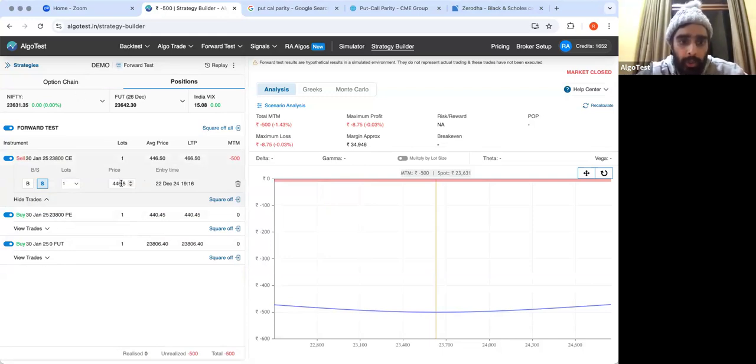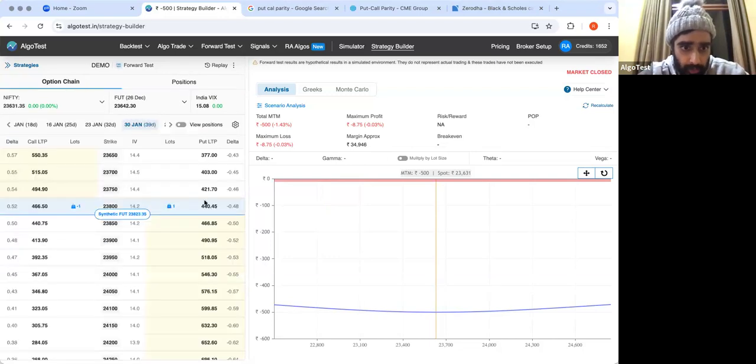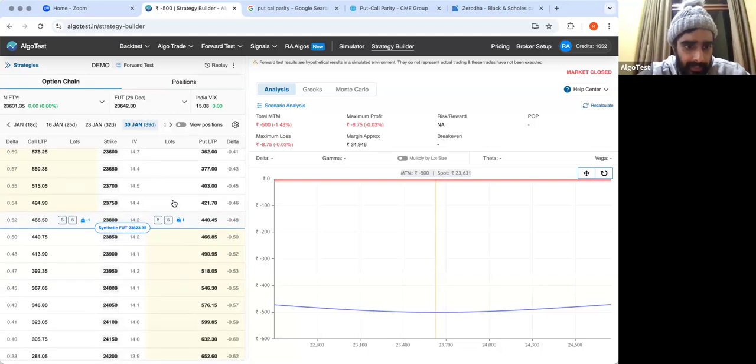So let's actually now make this IV different. Let's make it really, really different. So let's come here. Let's say instead of selling this at a 14.2 IV, which I did sell it at, let's say I sold this at a 15 IV. And guys, remember, I bought, both of them have somewhat the same IV, right?